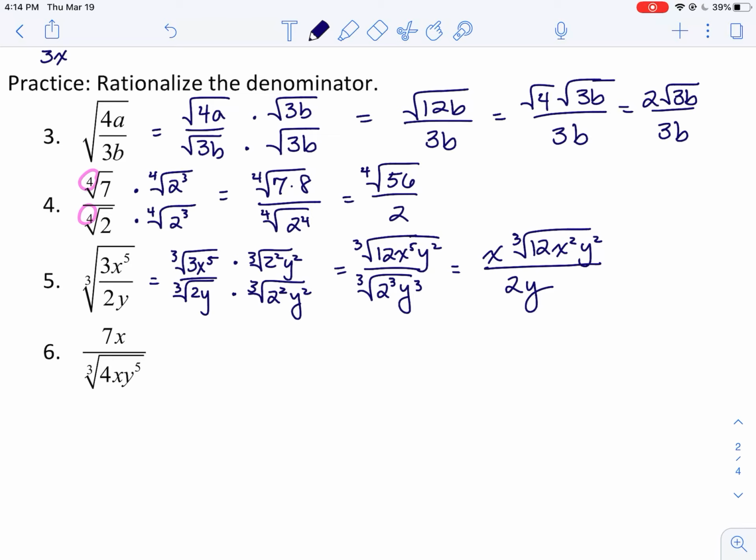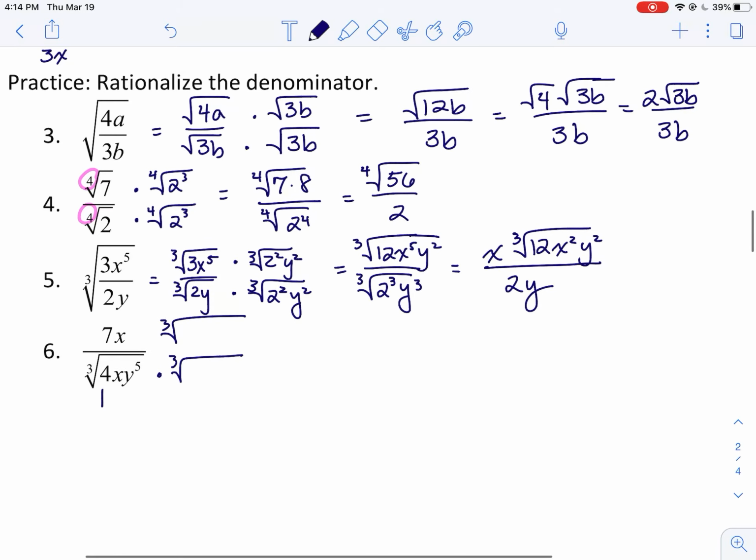And now let's look at this last one. So I'm going to multiply the top and bottom by the cubed root. We're always keeping that same index. All right, 4 is 2 squared, so I'd need another 2 to get it to 2 cubed. X times x squared gets me x cubed, and y to the 5th. Okay, so y to the 5th, this one's a little different than what we've done so far.